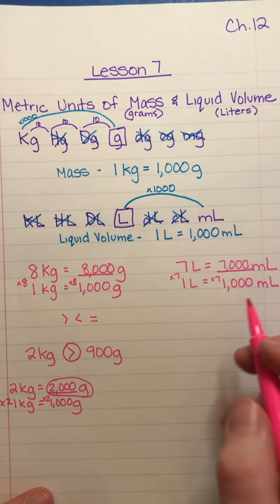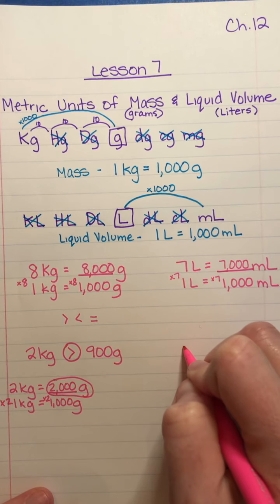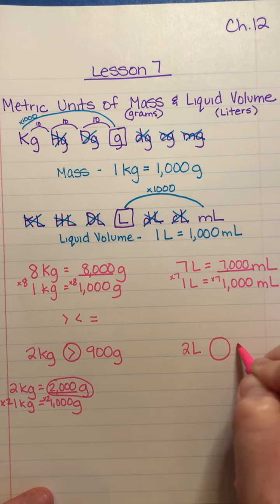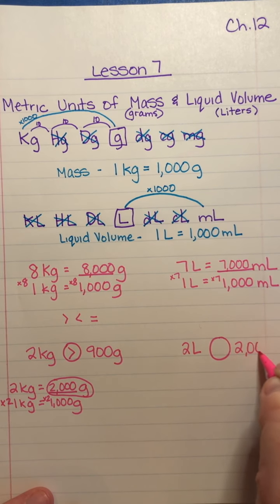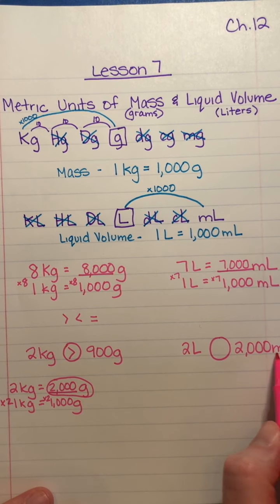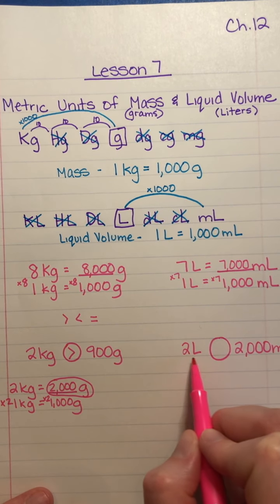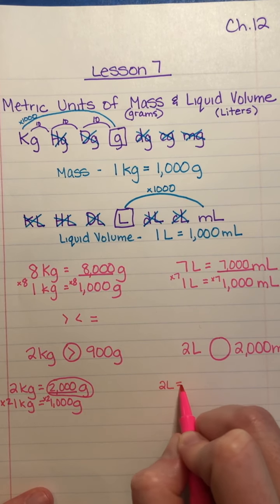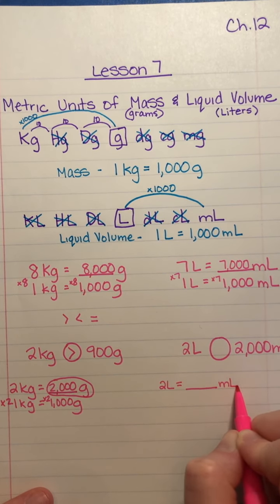One more practice. What if I've got 2 liters, and I'm going to compare that to 2,000 milliliters? Milliliter, liter. Liter is larger, so I'm going to take my 2 liters and change that to milliliters.